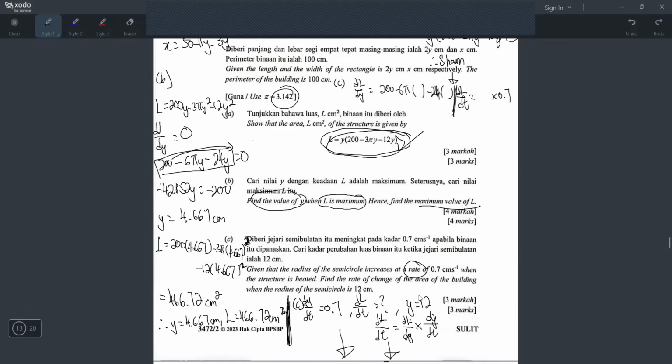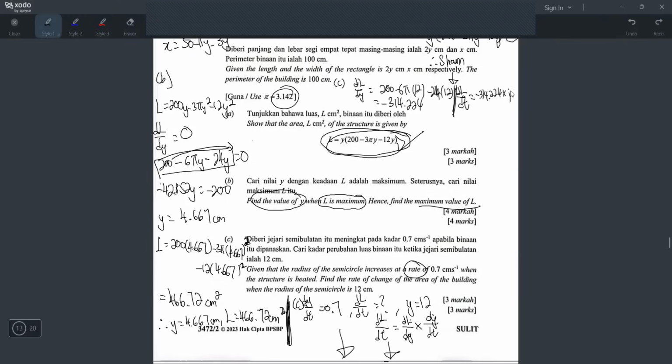With the y given in the question, which is 12, right? So now you press this whole thing and then put it in here. Let's press 200 minus 6 times 3.142 times 12 minus 24 times 12. My calculator gives me negative 314.224. Why so ugly? Okay, never mind, just write negative 314.224. And this dL dy you put in here.